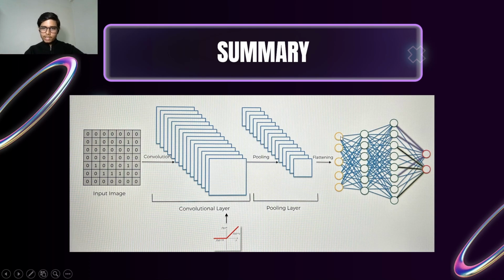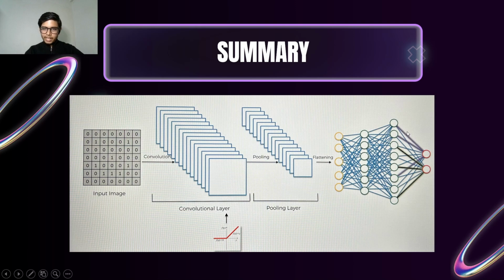And so after flattening, you can see the values from the flattening layer can be put into this input layer. And then the whole neural network is trained, and then we get the output. So let's say the input image is a dog. First the convolution occurs, then the ReLU function is activated, then the pooling is done, then the flattening is done, then the whole neural network is trained.